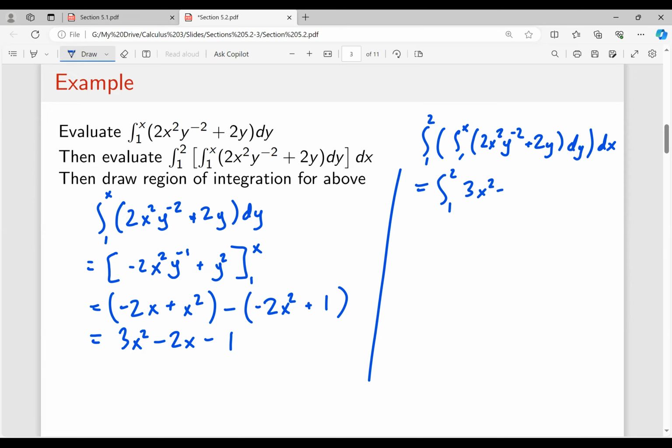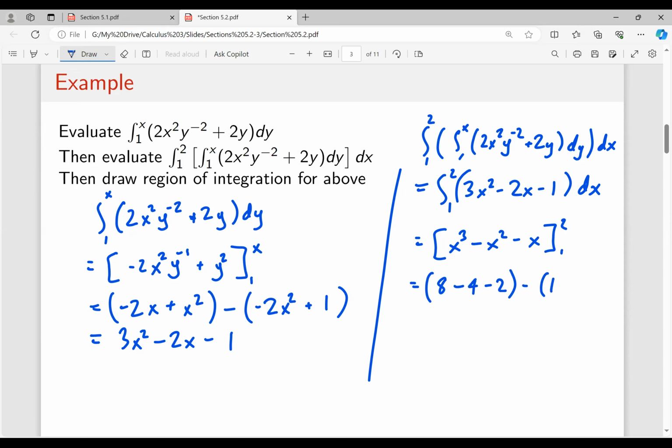It's 3x squared minus 2x minus 1 dx, and then I can integrate that to get x cubed minus x squared minus x from 1 to 2, plugging in 2 for all my x's is 8 minus 4 minus 2, then minus 1 minus 1 minus 1. So that's equal to 2 minus negative 1. And then double negative is positive, so it's 3.